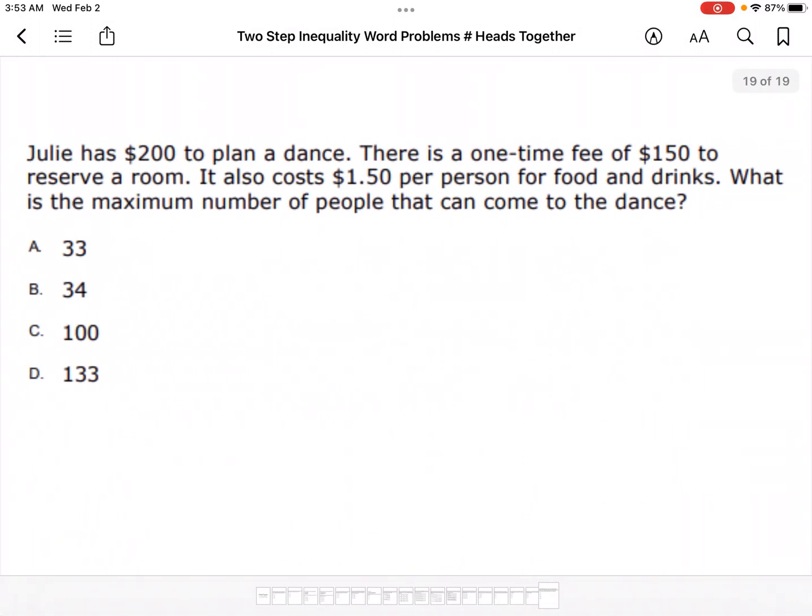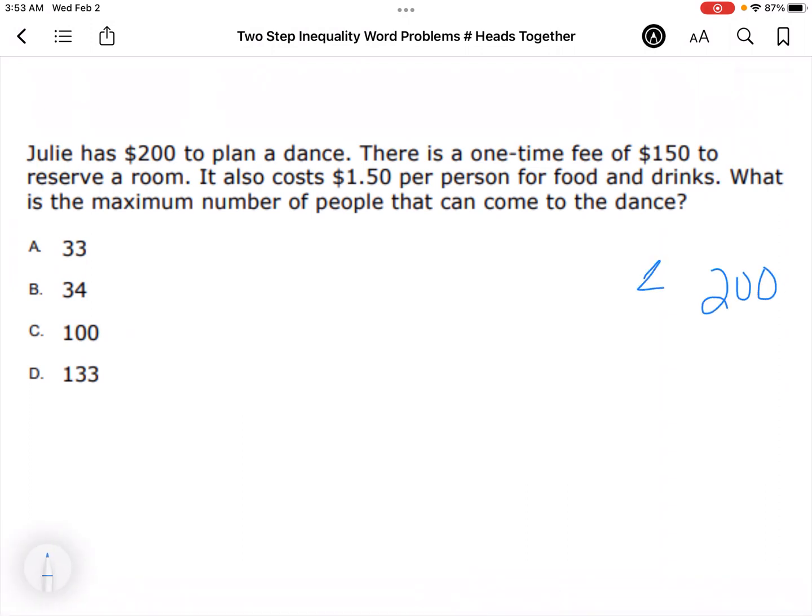Julie has $200 to plan a dance, so that's the most she can spend. One-time fee of $150 to reserve the room, and then $1.50 per person. What is the maximum number of people that can come to the dance?